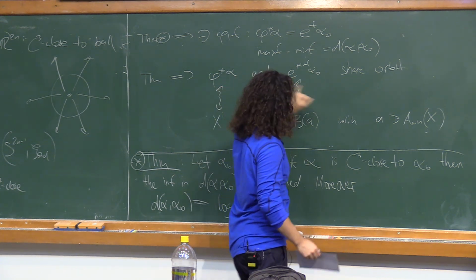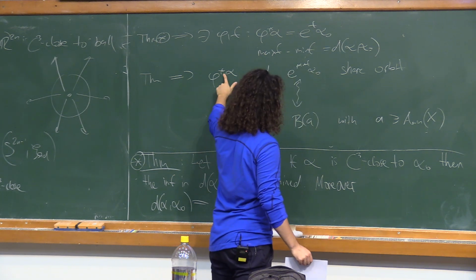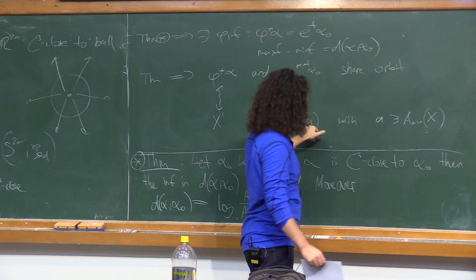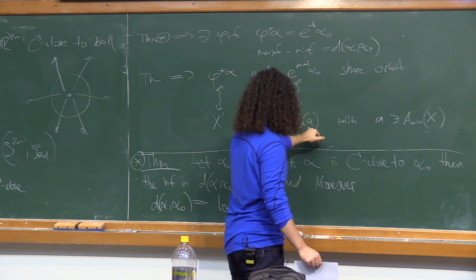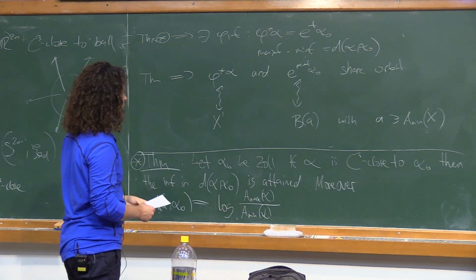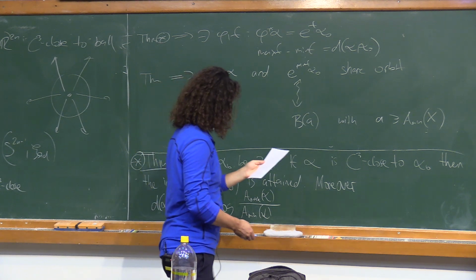So the action of the systole of x is the action of the systole of this thing here. It can only be less than or equal to the width of this ball, because this ball and this x prime share an orbit. So we have this inequality. That was the statement about the common invariant probability measures.